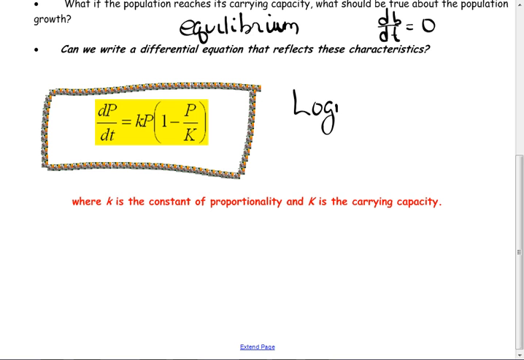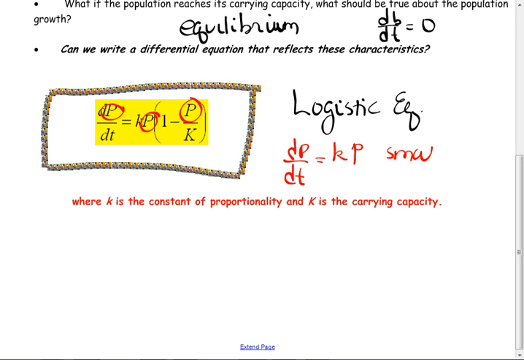Now be careful, because these are not t, but P. If I put a t in there, it's not logistic. What has to happen is, if it's logistic, if I cover up this side right here, then dP/dt would equal your growth factor times P. This is for small populations.